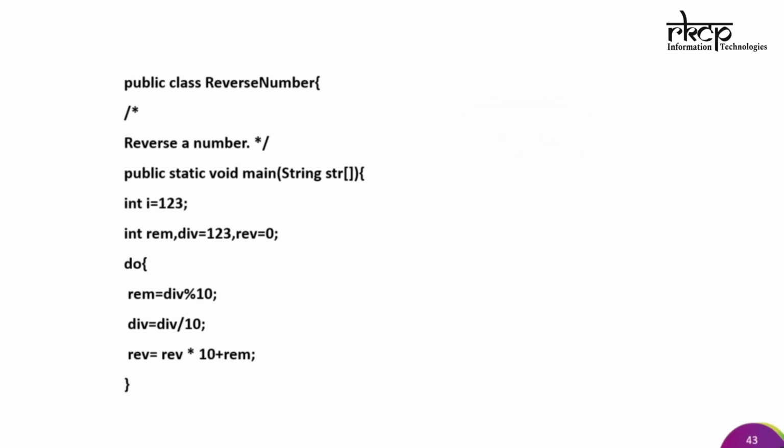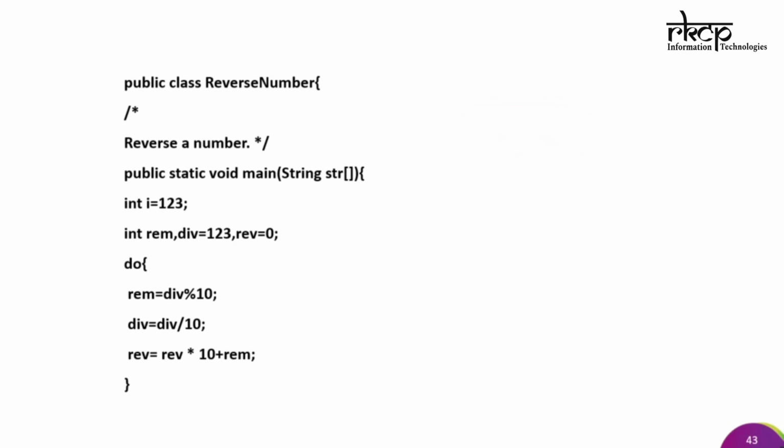This remainder I am taking as division modulo 10, so every time it will take the remainder. So in this loop, which is actually a do while loop, the first time the remainder will be 3. That value I want to store, and after that, that value I want to take.